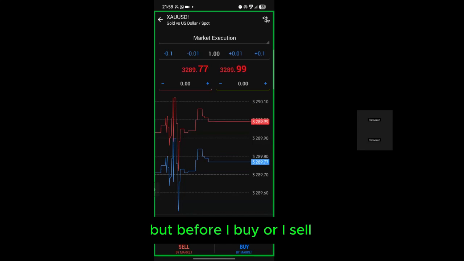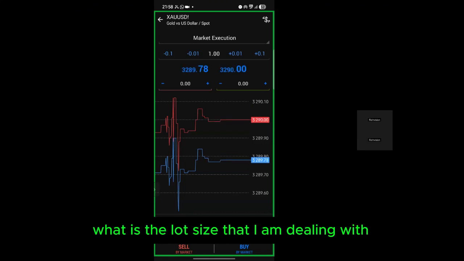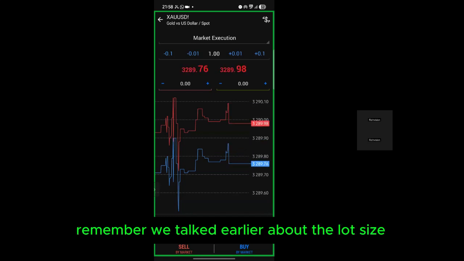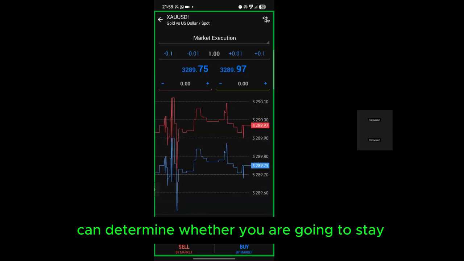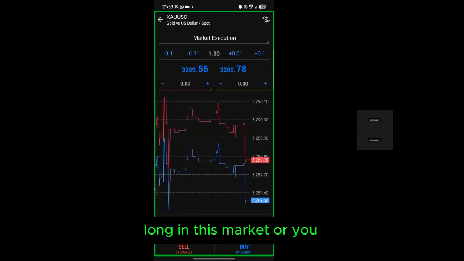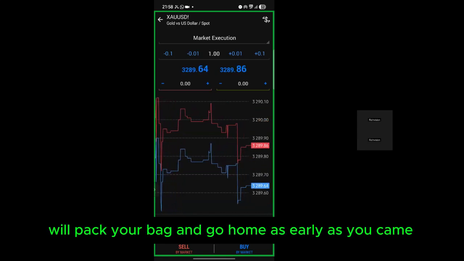But before I buy or I sell, I want to be sure what lot size I am dealing with. Remember, we talked earlier about the lot size. The lot size can determine whether you are going to stay long in this market or you will pack your bag and go home as early as you came.